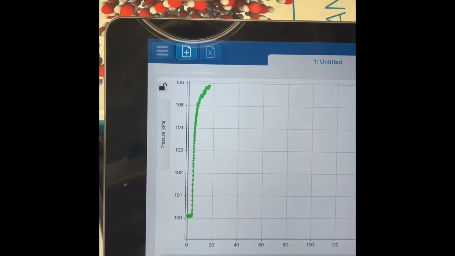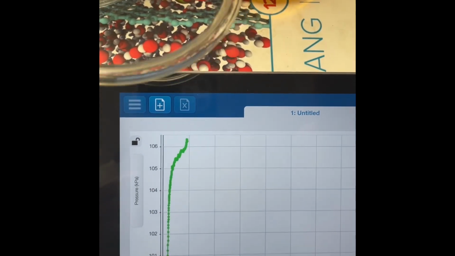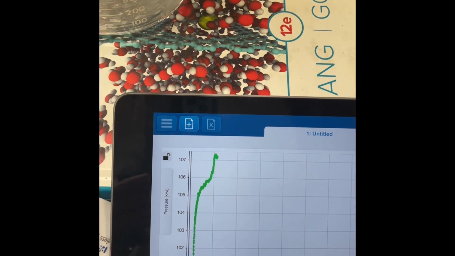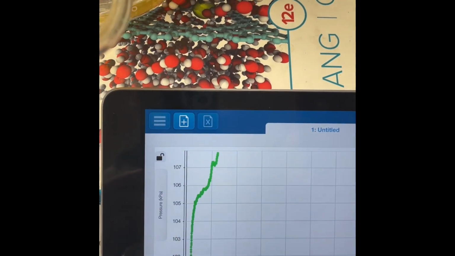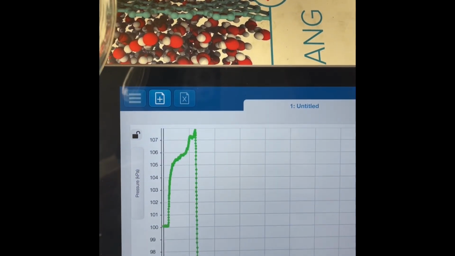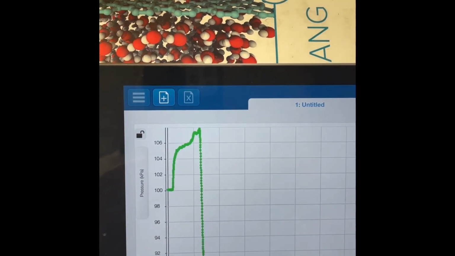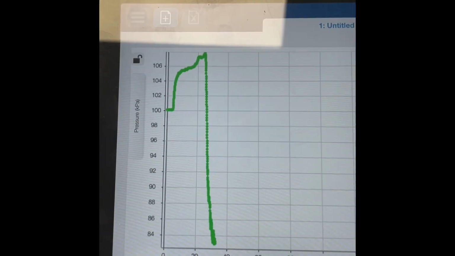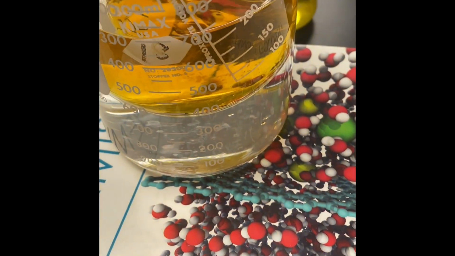Now, let's put it into cold water and see what happens to the pressure. And there we go. Huge decrease in pressure.